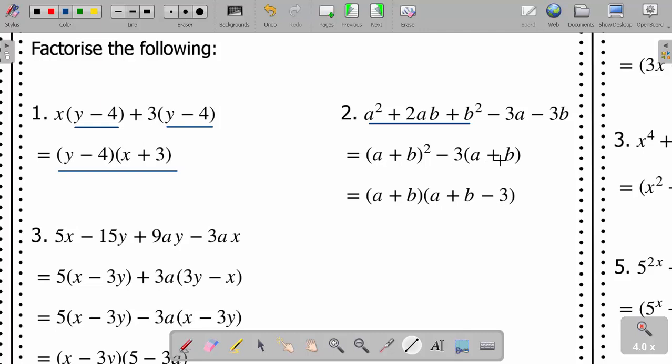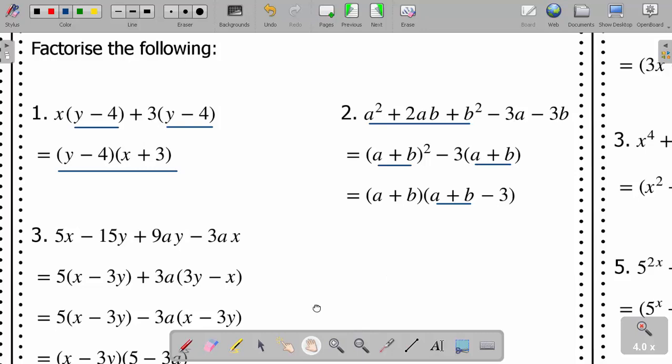If you check, a plus b is common here and also common here. If I take out a plus b, I'm left with a plus b, because this is a plus b times a plus b, so if I take out one, I'm left with one a plus b. Then this minus 3 comes here. Hope we are together. Let us proceed.